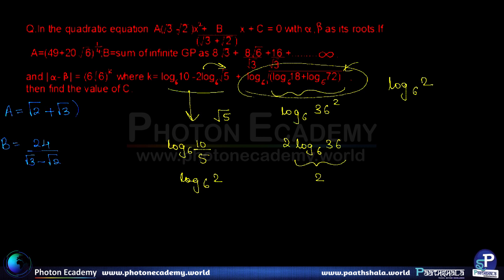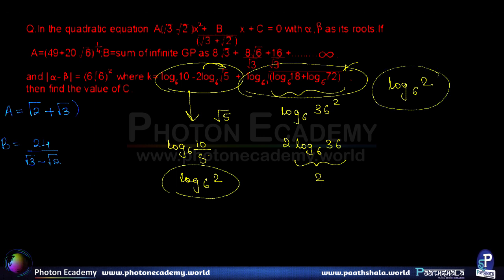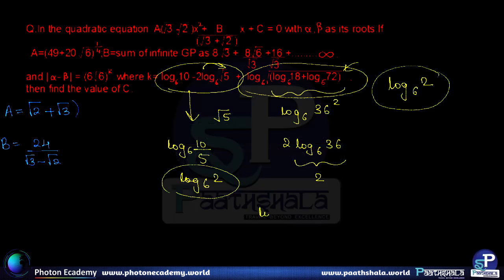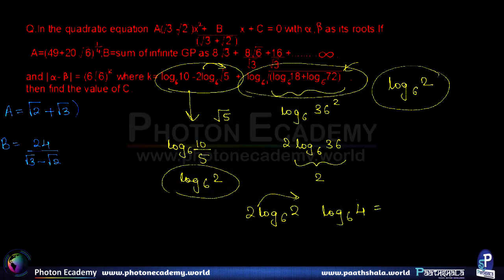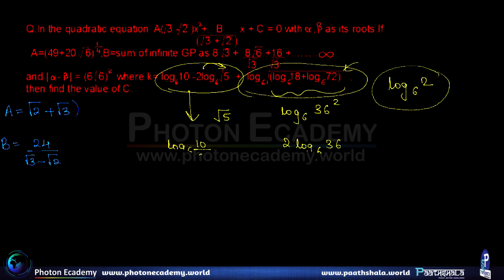Okay, so the first two terms result in log 2 to base 6, and the last term results in log 2 to base 6. So that is basically 2 into log 2 to base 6. So 2 goes inside, that's log 4 to base 6, and that is equal to k. Okay. So remember the value of k.